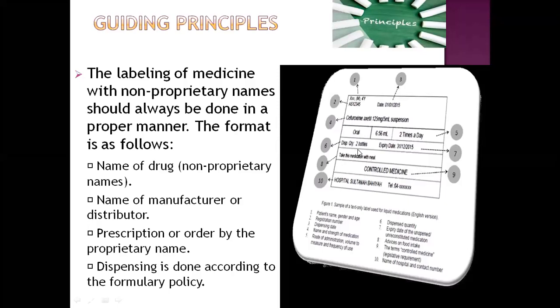Dosage forms, quantity, expiry date of the concerned drug, and the types of medicines, and which hospital these labels are produced for. Name of that concerned hospital. So these are the principles of hospital formulary.